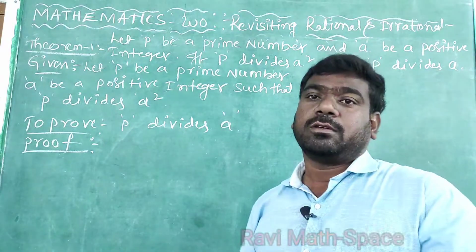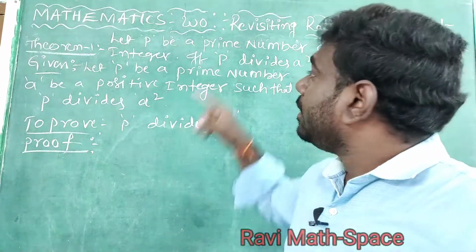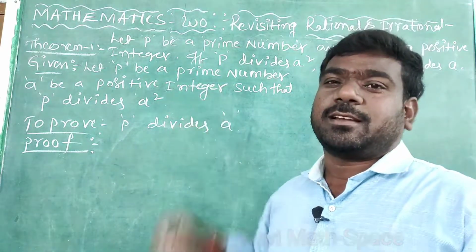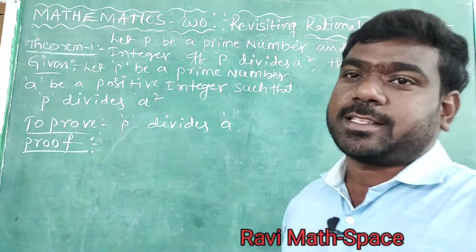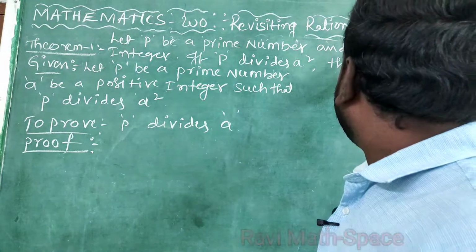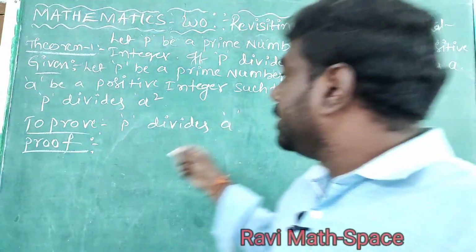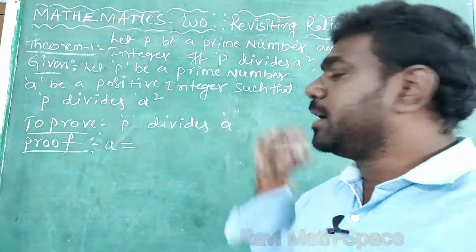Already we know, according to the fundamental theorem, every positive integer can be expressed as a product of its prime factors. Here A is a positive integer. This A I can write as a product of its prime factors.